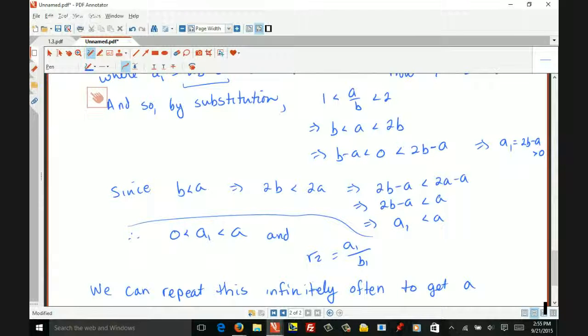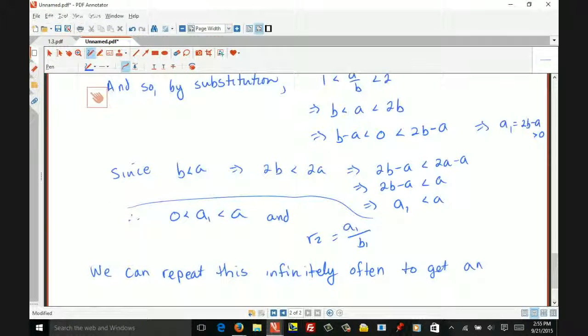To get an infinite set of positive integers between 0 and a. Now, how many positive integers are smaller than a and bigger than 0?